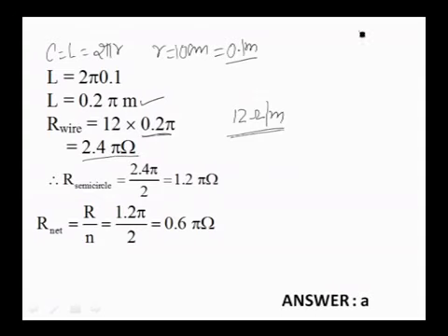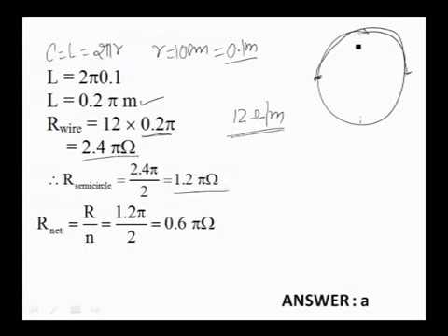That is for the entire circle, but we want the resistance of the half, that is the semicircle. The resistance of the semicircle is the total resistance divided by 2, because these are identical semicircles: 2.4 pi divided by 2, which is equal to 1.2 pi ohm.